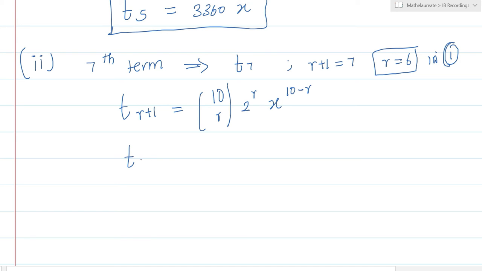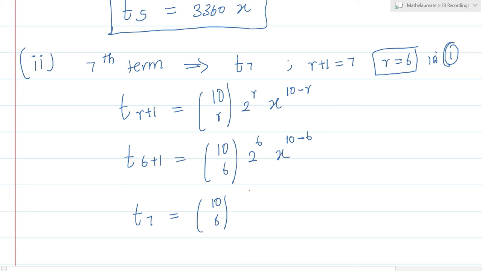If you substitute 6 here, T(6+1) is 10C6, 2 to the power of 6, x to the power of 10 minus 6. That is the seventh term in this expansion. 10C6 is the same as 10C4, but we are going to use the calculator now. 10C6 times 2 to the power of 6, which is 64, x to the power of 4.